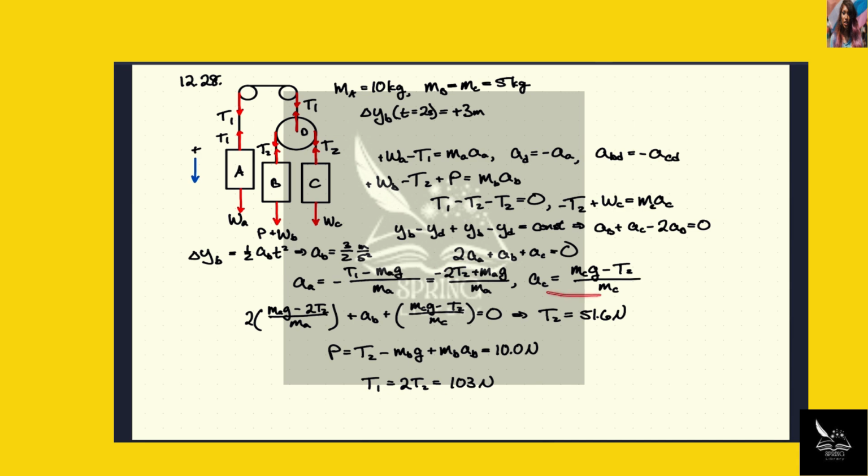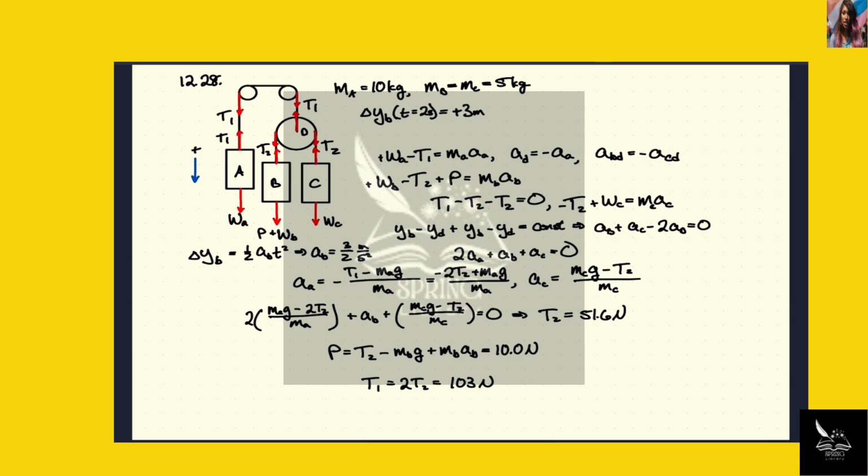And then we can get A_C from here. So now we can plug this into here, this into here. We know A_B already, and so in this equation, all we don't know is T2. So we can solve for T2 and plug in values, and it comes out to be 51.6 newtons.